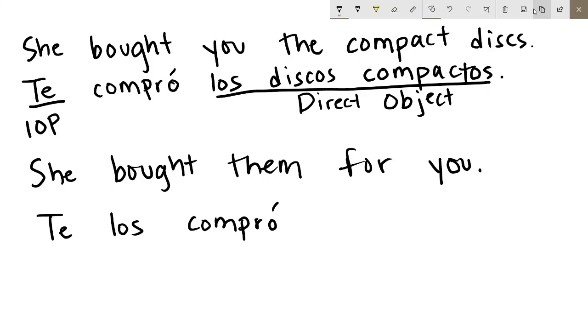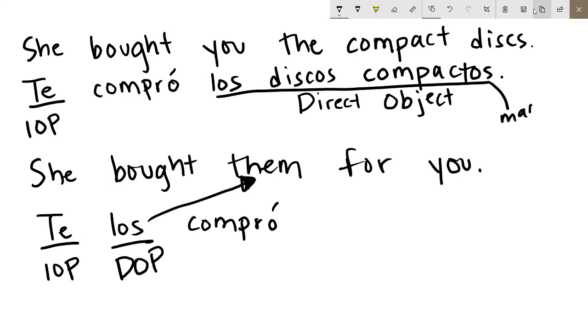Right? So that's the you, that's the indirect object pronoun. This is the direct object pronoun that is standing in for that them. But you see it's masculine and plural because this right here is a masculine plural noun. Okay, te los compró.